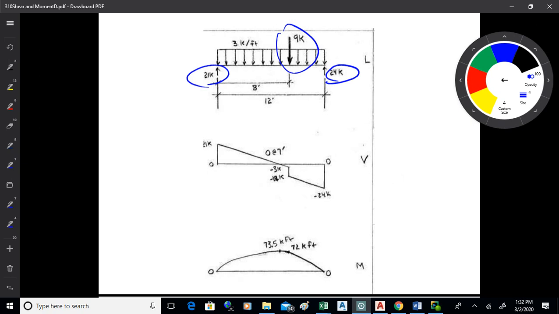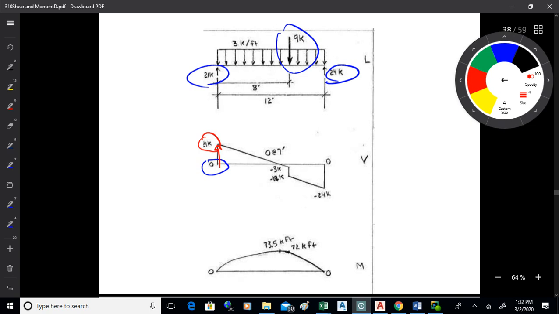Okay, so to get a shear diagram, you start at 0. These diagrams always start at 0. It'll kick up right there to 21. Then it will drop by an amount equal to the area under the load diagram.